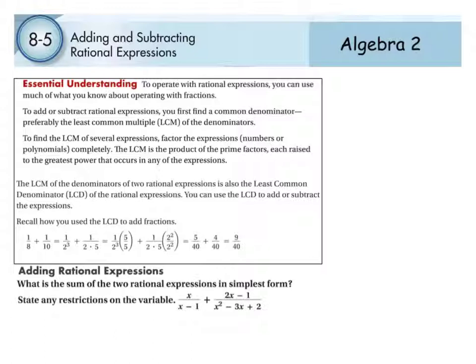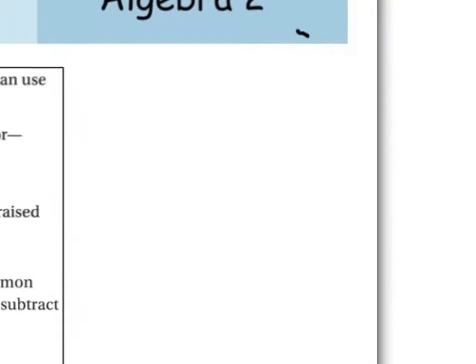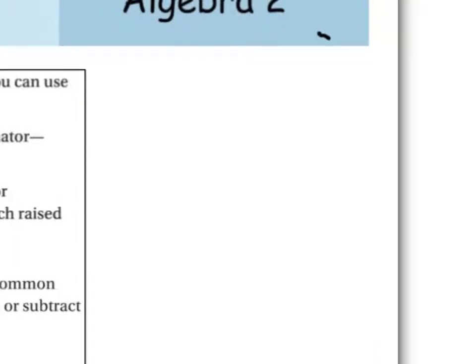So for example, they have this example written down here, the 1/8 plus 1/10. I would like to take a look at that, but I'm going to rewrite it over here on the side so I can make it a little bit bigger. So 1/8 plus 1/10. If we're adding fractions, as you guys should know, we then need a common denominator.